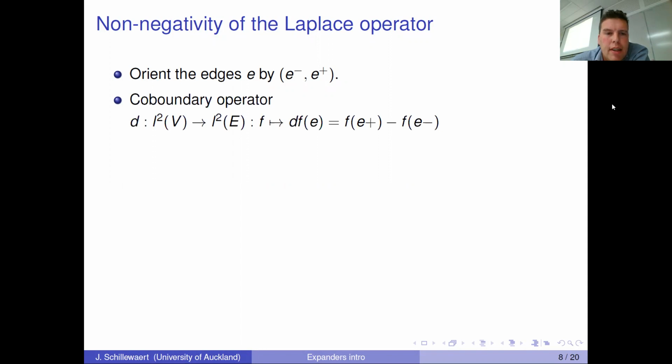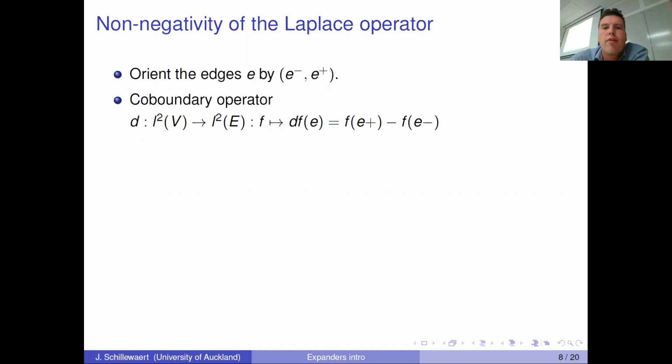And then you can define a so-called co-boundary operator. Again, this is a mundane operation. So we had a function on L2V, and we're going to associate to that a function on L2E. So what does that mean? We're going to say for every edge what the function value on that edge is. So we have a function f on the vertices, and we associate to that a function df on the edges.